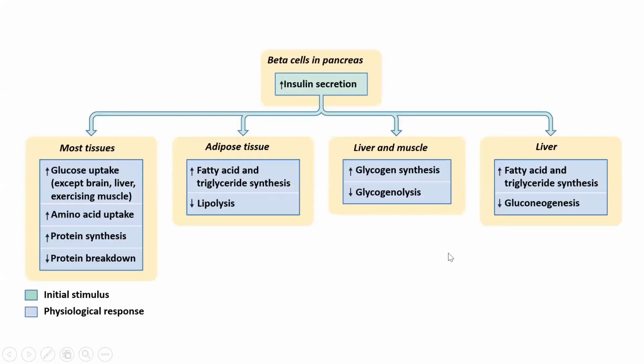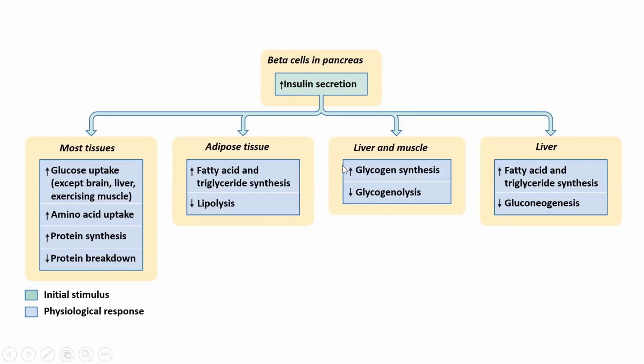So as we can see here, the beta cells secrete insulin, and insulin is doing these main four things: glucose uptake from the brain, the liver, and muscle, amino acid uptake, protein synthesis from that amino acid uptake, and then we're going to stop or decrease protein breakdown. In our fat tissue, we're going to increase fatty acid and triglyceride synthesis, and we're going to decrease lipolysis.